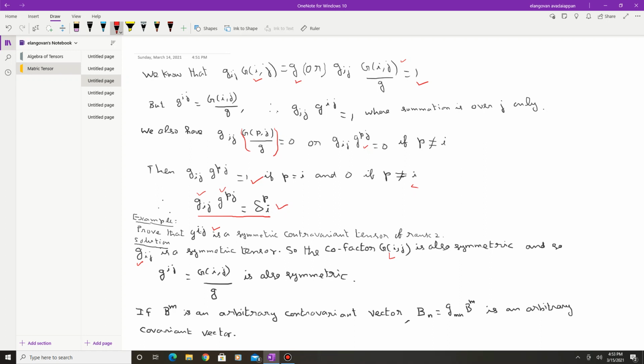So g^ij, the contravariant tensor, which is equal to G_ij divided by g, is also symmetric, since g is just a number.